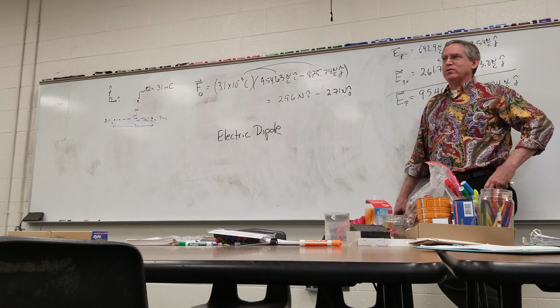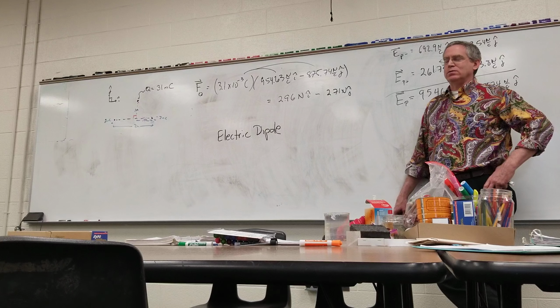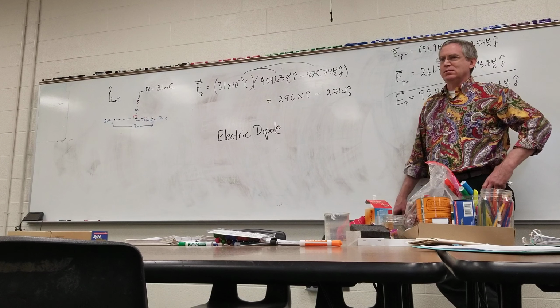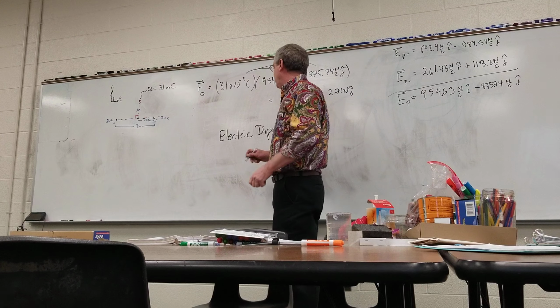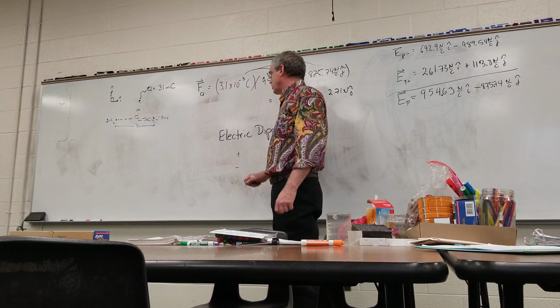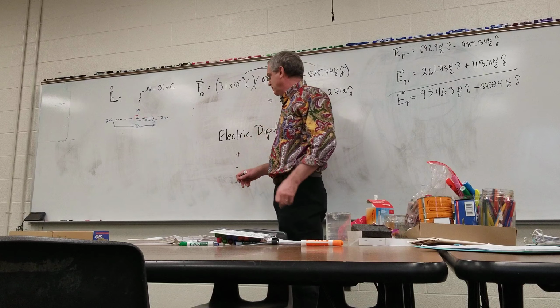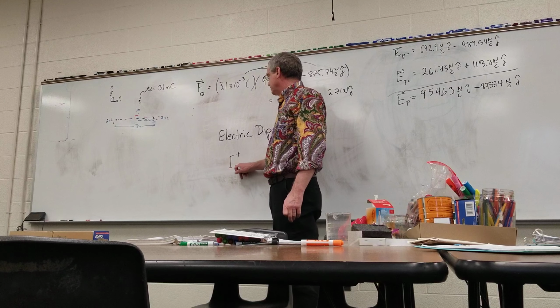And what would cause an electric field with two poles? Two of the same charges? Close, but not the same charge, opposite charge. So for an electric dipole, you'll have a positive and a negative charge with the same magnitude, just opposite signs, that are a set distance apart.